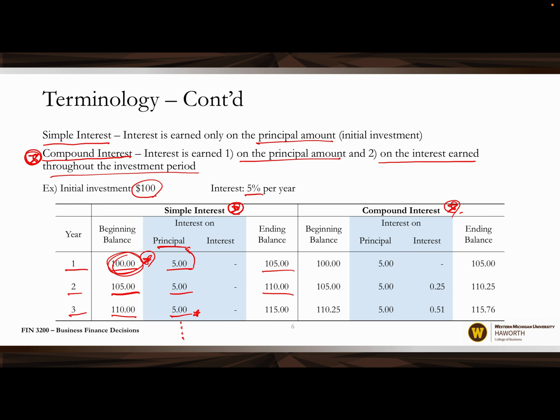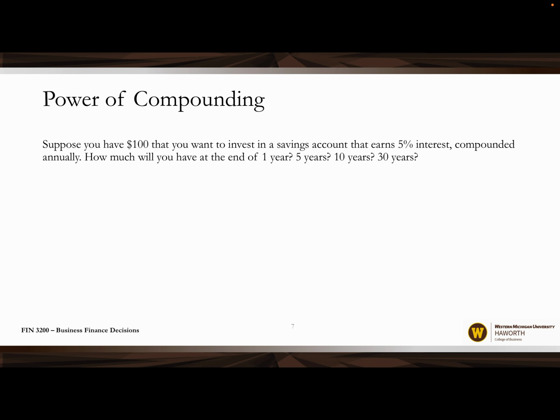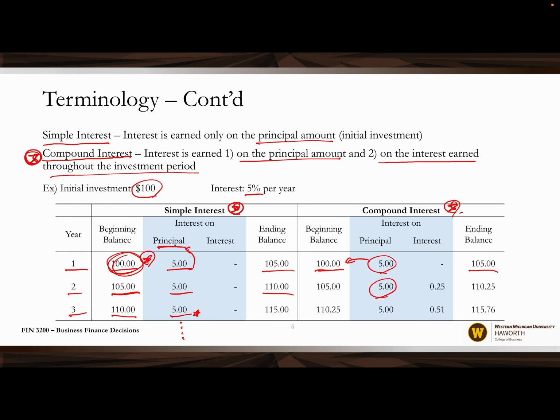Under compound interest, it's a little bit more tricky. In year 1, it's the same thing because you're beginning with $100, you get $5 on the principal amount. So the ending balance is 105. But in year 2, you start earning more interest. So you'll get the $5 from the initial principal amount, but you also earn interest on the previously earned interest. So 5 times 0.05 is 25 cents. So you're earning additional interest on previously earned interest.